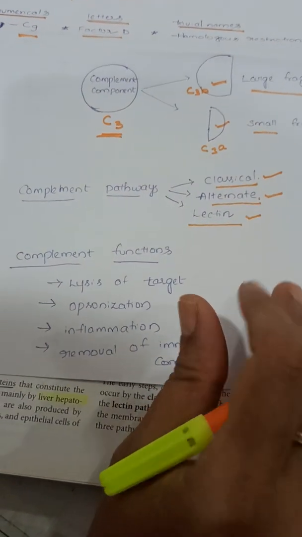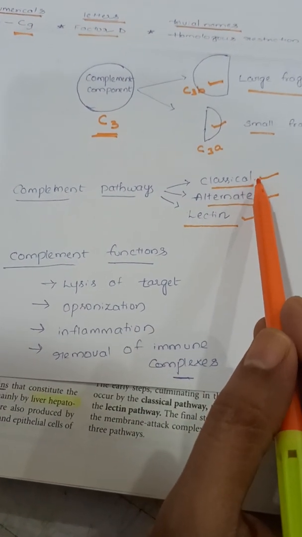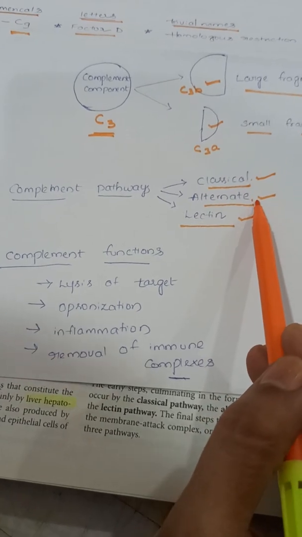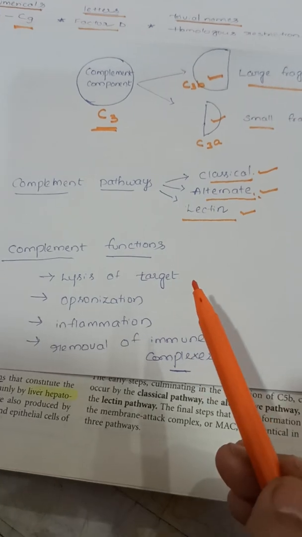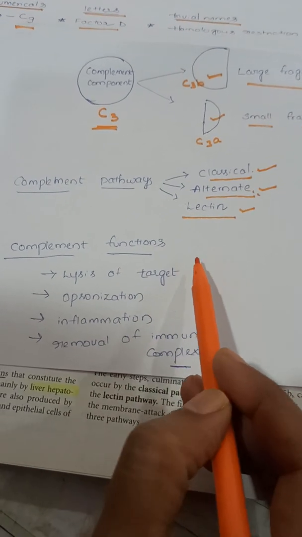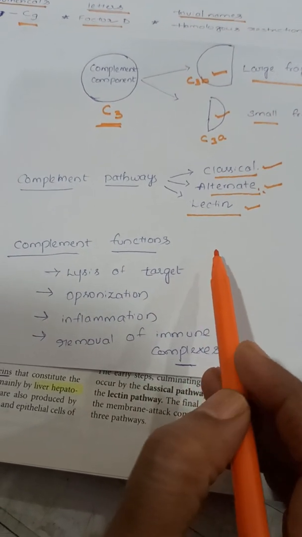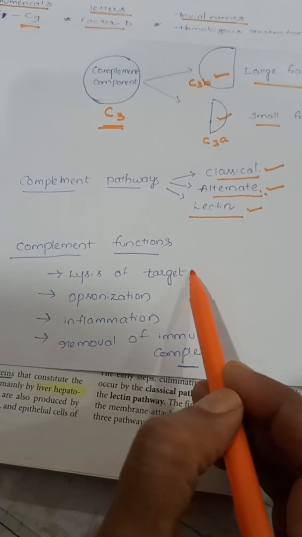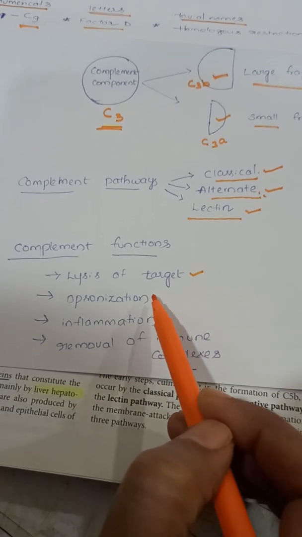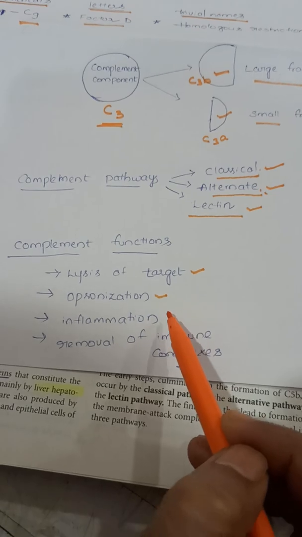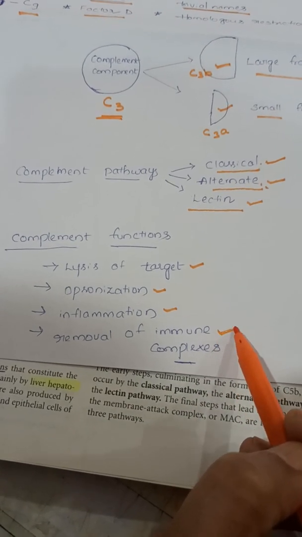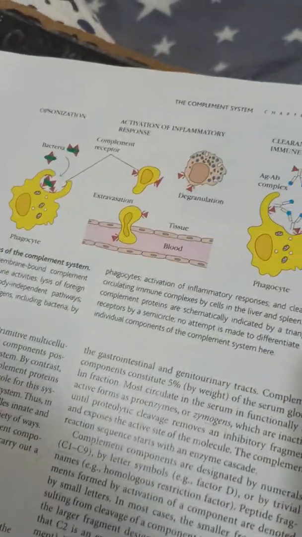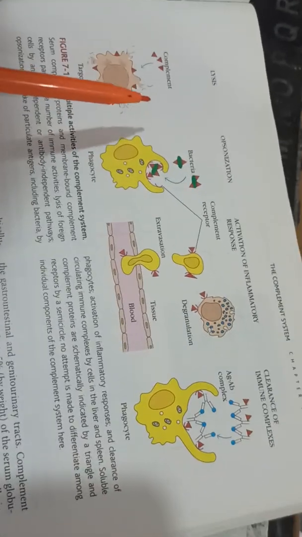Before talking in more detail about these pathways, let us first talk about the functions of complement. The functions of complement are of four important aspects: lysis of the target, opsonization, inflammatory reaction, and removal of immune complexes. Let us observe the pictures to have more details.